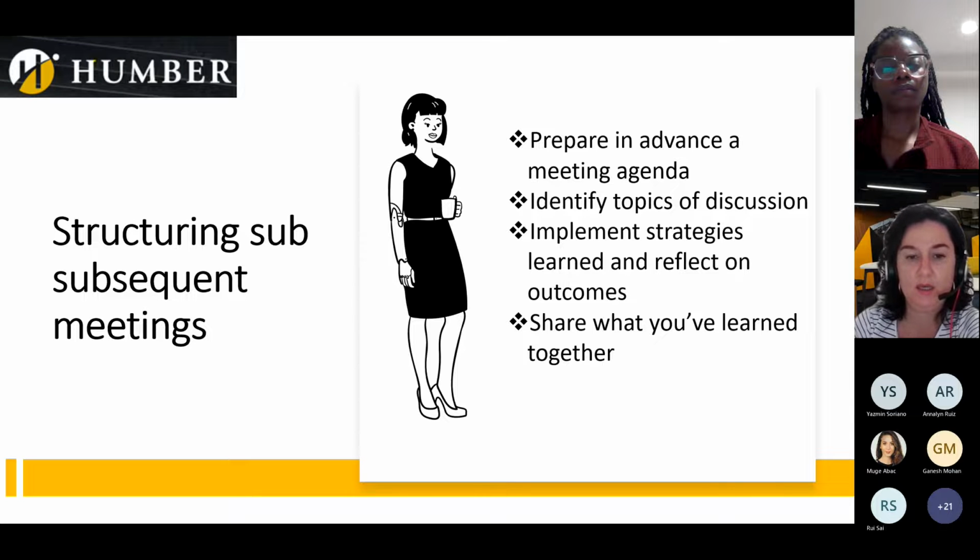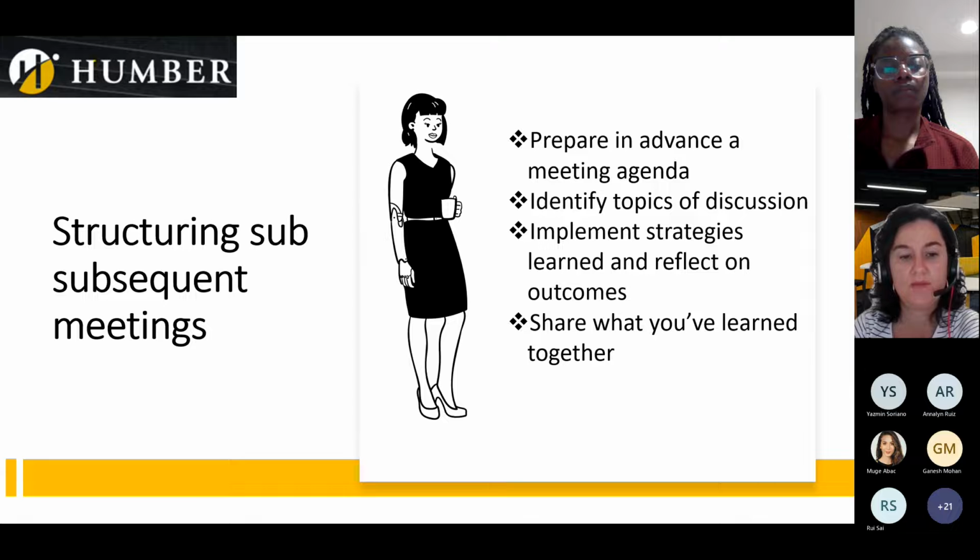So all of these meetings should always be accompanied by a reflection after you have implemented all these strategies and tips shared by your mentor, or sometimes even through this reflection, providing your feedback to your mentor on what has worked and what did not work so well, and what the mentor may need to change in their approach in order to address what may not have worked as well as planned.